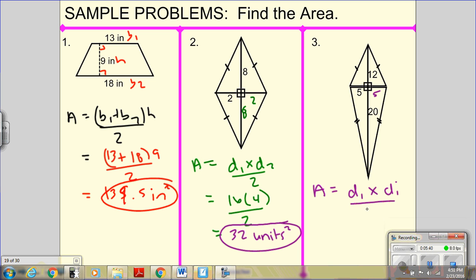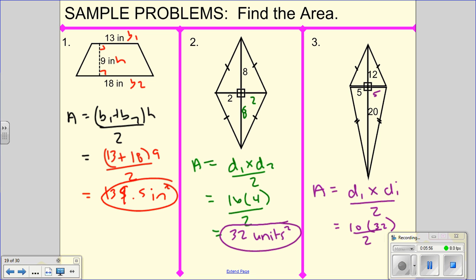Plus, it'll help it convert to memory. So diagonal 1 is 10 because of the two 5s. The second diagonal, you have to take the 12 and add it with the 20, and you would get 32. And then divide it by 2.